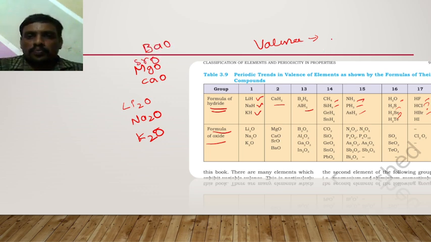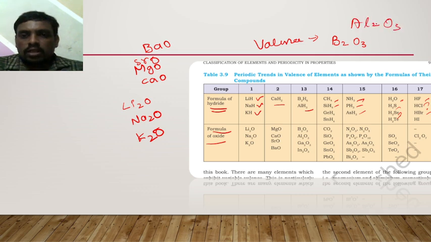In group 13, Al2O3, aluminum oxide, and gallium oxide, Ga2O3, and others.